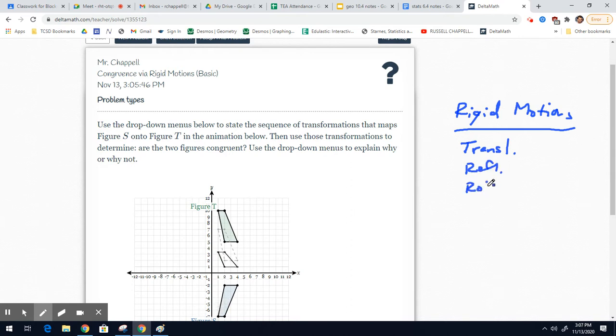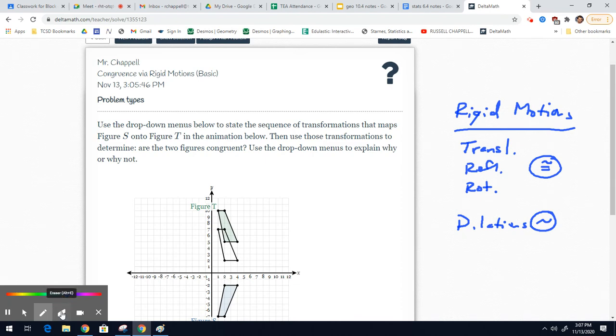If that is all you use to map one figure to the next, then they will be congruent. But if you had to use a dilation at all, dilations create similarity. They're not rigid motions, so that'd be a no deal, not congruent, okay? So be aware of that. Rigid motions are congruent, dilations create similarity.